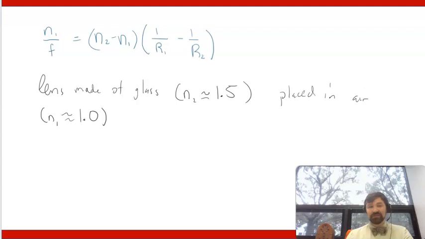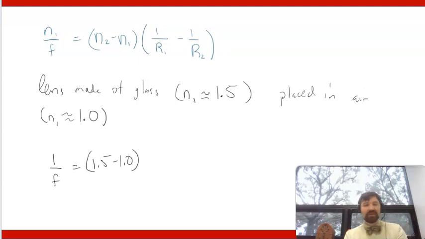Okay, and so essentially this number would be 1, so you'd have 1 over the focal length is equal to 1.5 minus 1 times your 2 radii.